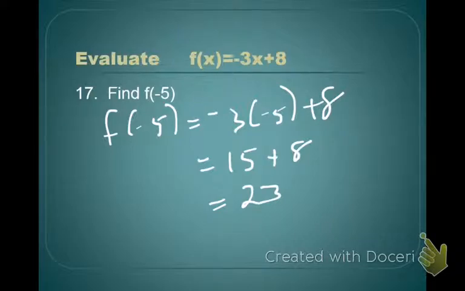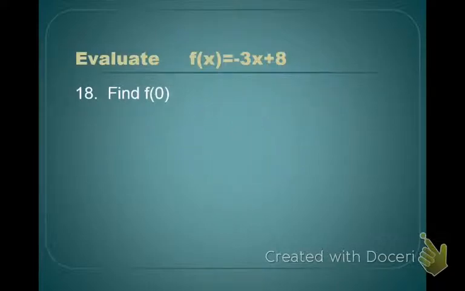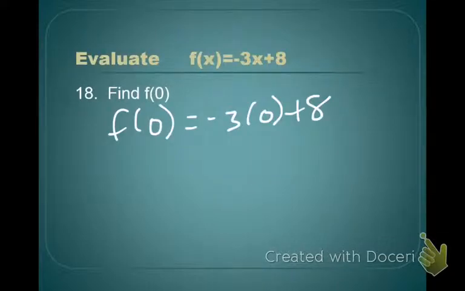F at negative 5. Did you get 23? Yeah. Good. F at negative 5 should be 23. F at 0. Yeah. 8. Should be 8.